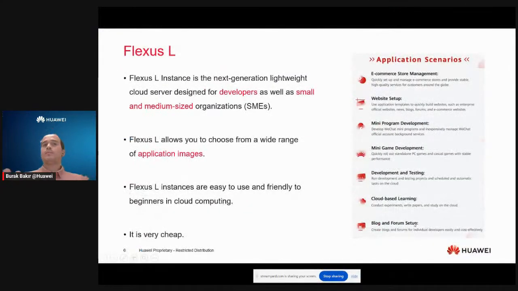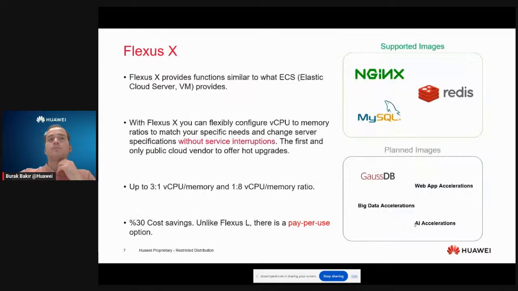I want to make a short review of the theoretical part. Flexus X are similar to the ECS, Elastic Cloud Server. As I said before, it's virtual machines in Huawei Cloud. But with Flexus X, you can configure vCPU to memory ratios flexibly.